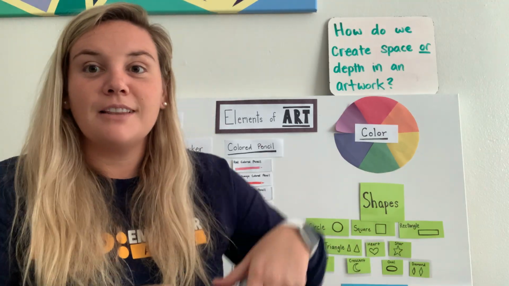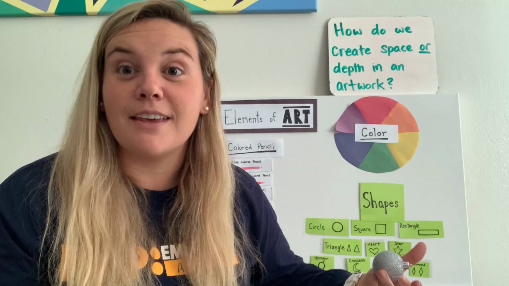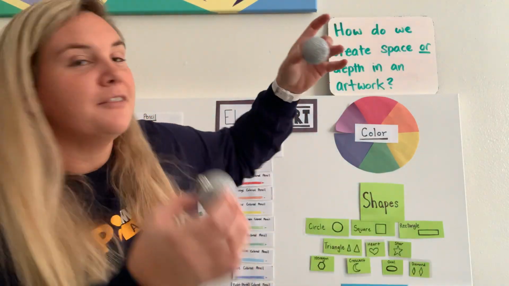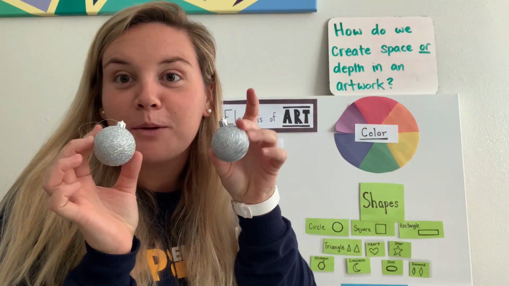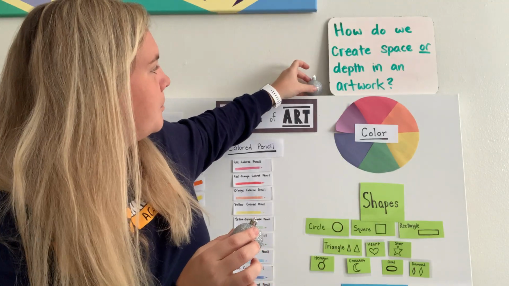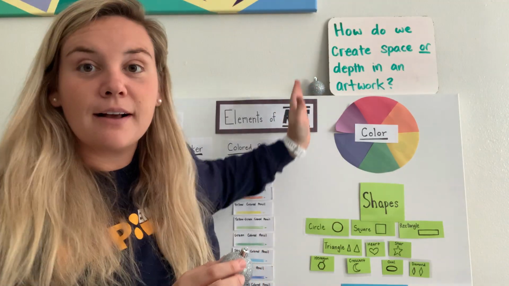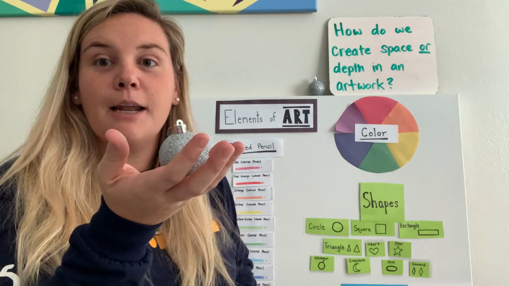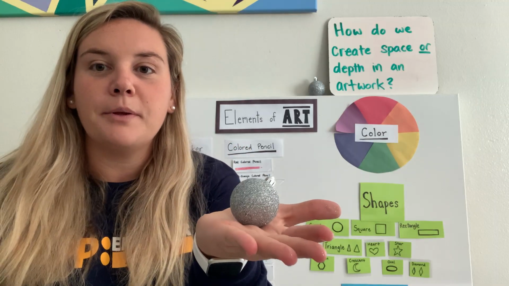So let's pretend Miss Armstrong's video is an artwork. We have 2 Christmas ornaments because Miss Armstrong already put up her Christmas tree. I'm going to put one ornament way in the back of the picture in the camera. And I'm going to put one ornament right up in front.